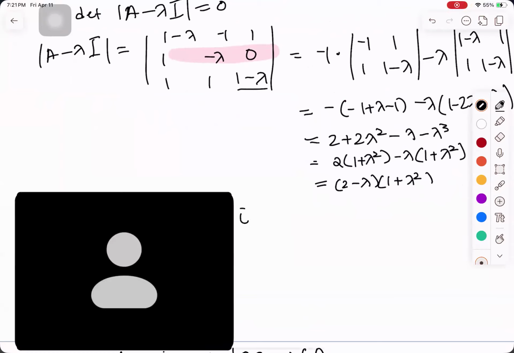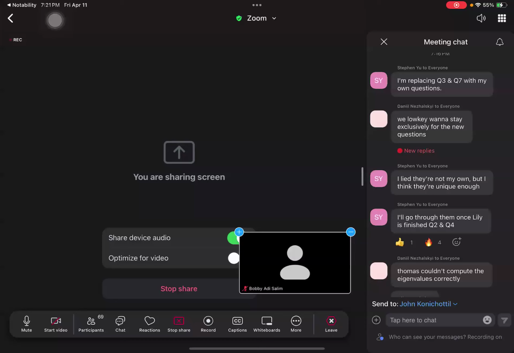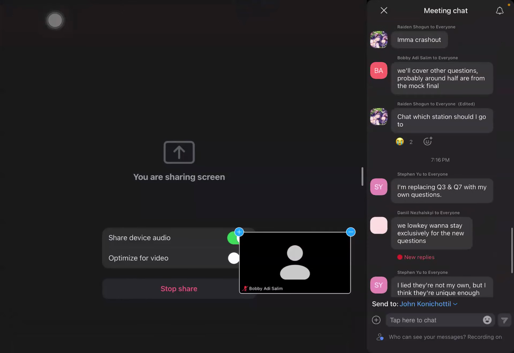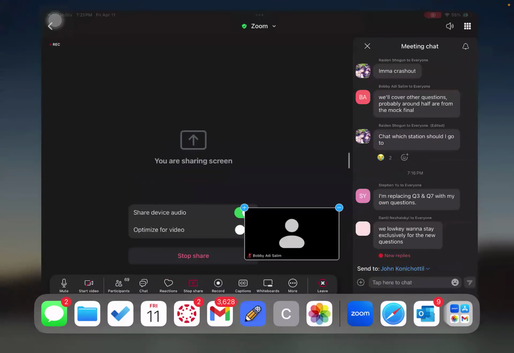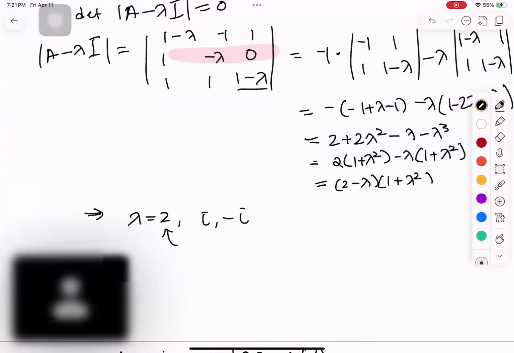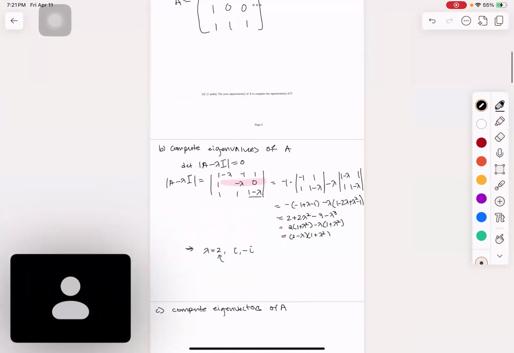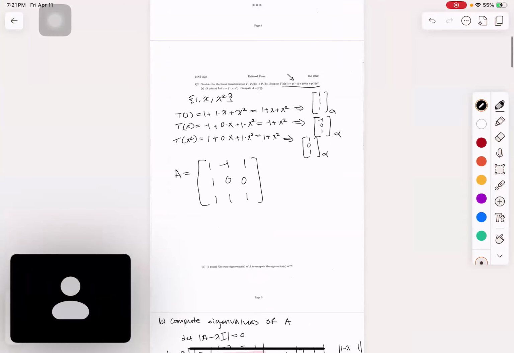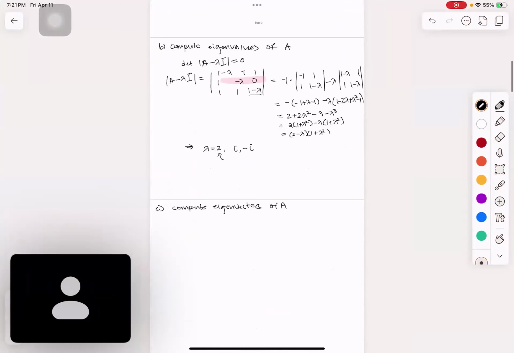I'm not sure if you guys take the imaginary ones, but I'm looking at the question and it's only worth 4 marks for part C, where you calculate the eigenvectors, and I think it's a lot of work to do the eigenvectors for i.